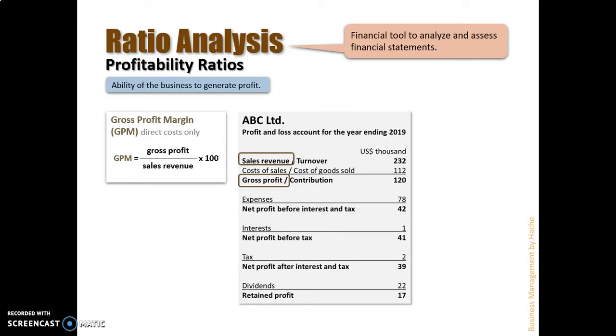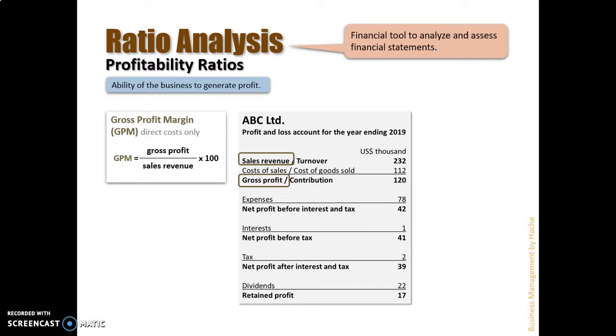What we get is a percentage, and this percentage shows us how much of the sales revenue is profit based on just the cost of sales, the direct costs.